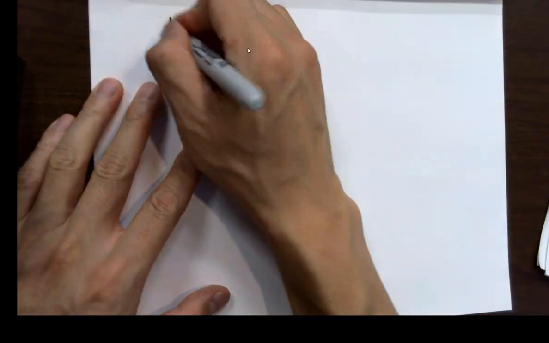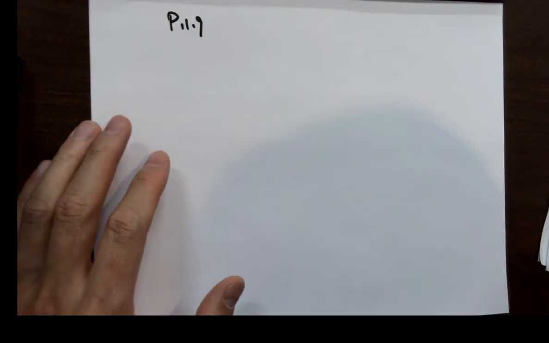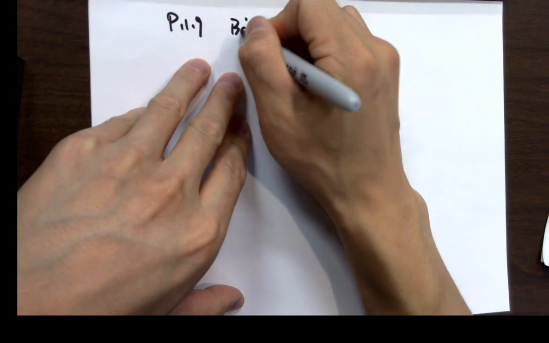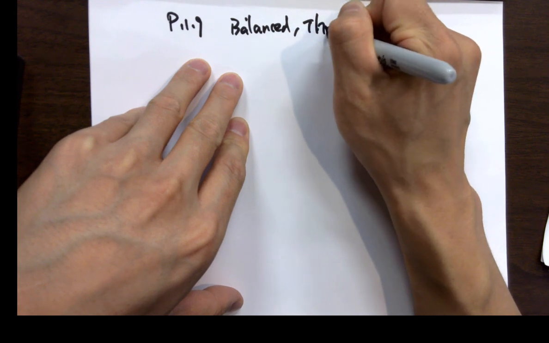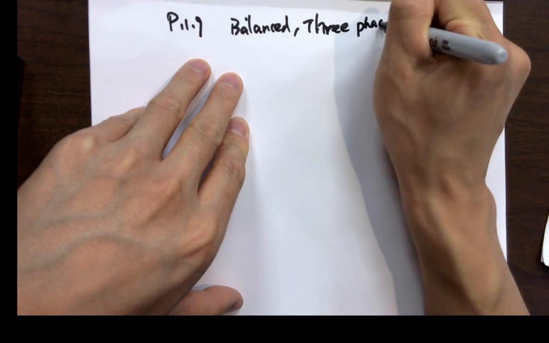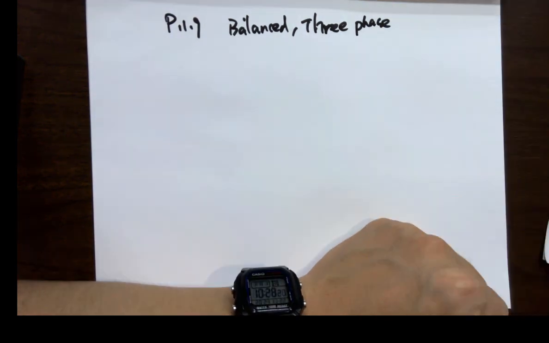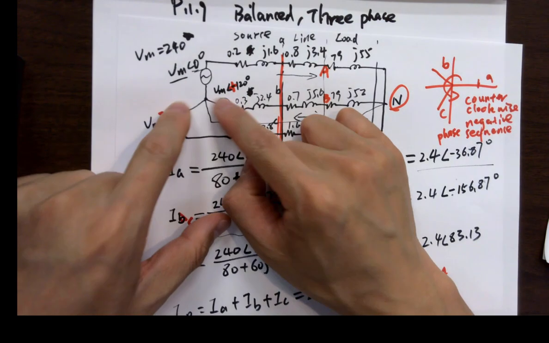So problem 11.9. What is given is balanced, and it's 3-phase. It's called YY connected, but if you look at this circuit, we didn't stress that concept. But if you look at this kind of connection, it's actually a YY connection.